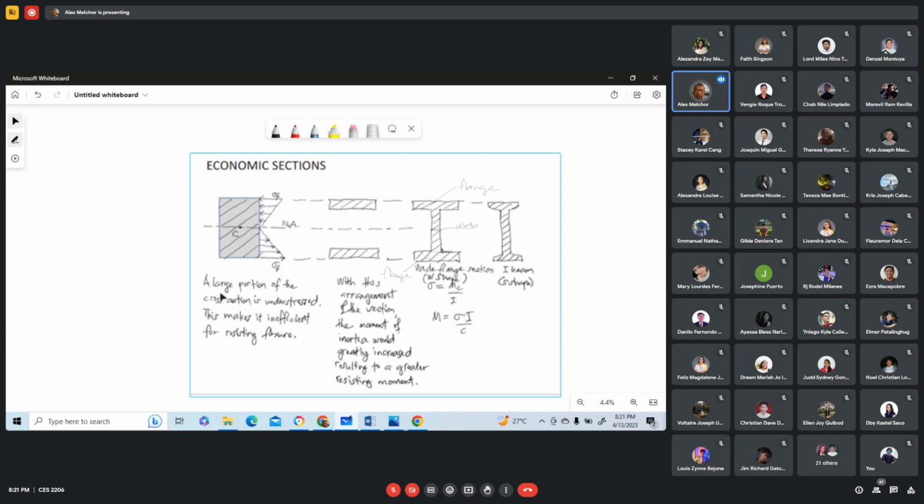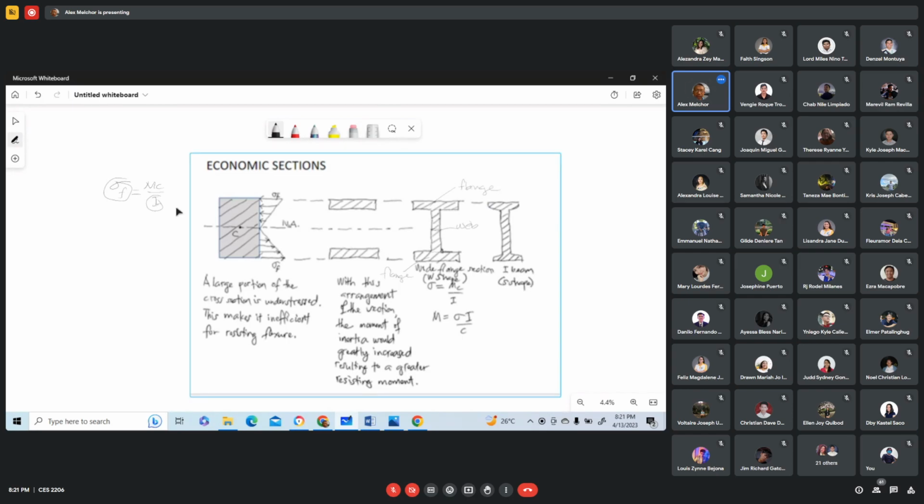So here it says that for this rectangular section, a large portion of the cross section is under stress. So this part here is under stress. This part is under stress. So this makes it inefficient for resisting flexure. Because in our formula, we have the flexural stress equals Mc over I. So the lesser your I, the greater is this stress.